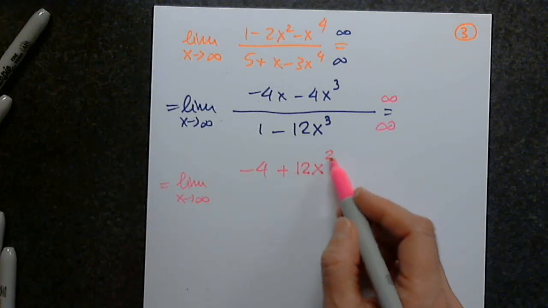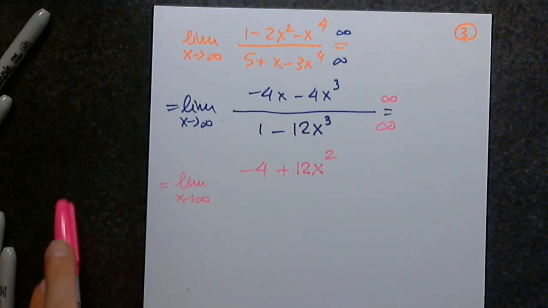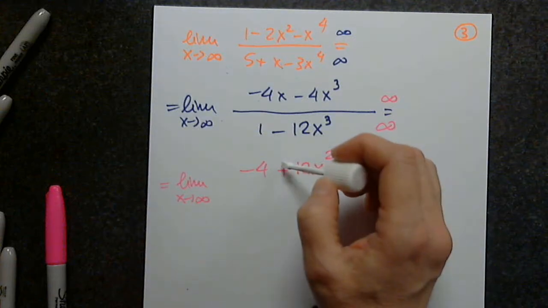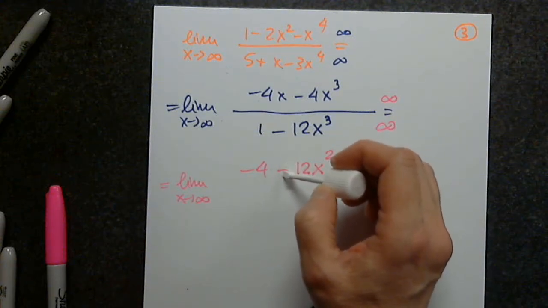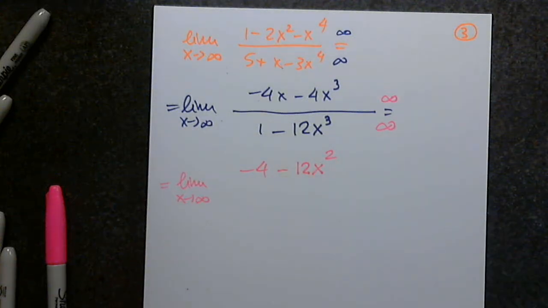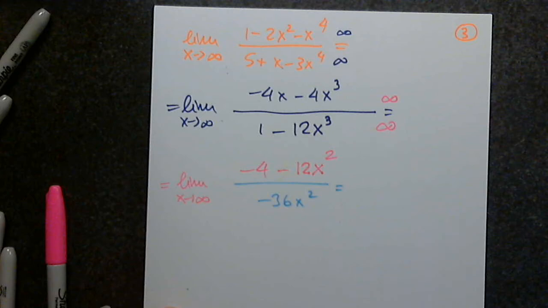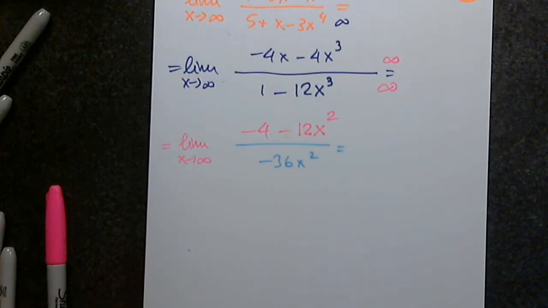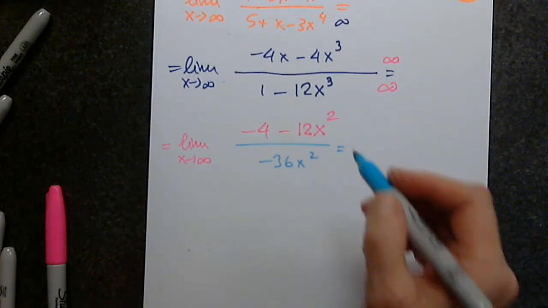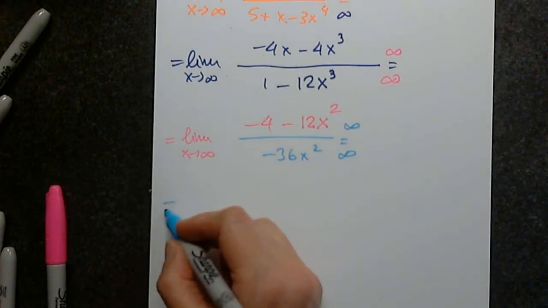It's minus. Sorry, it's minus. Okay, what about the denominator? Good. Negative 36x squared. Good. The numerator goes to? Good. And the denominator as well.